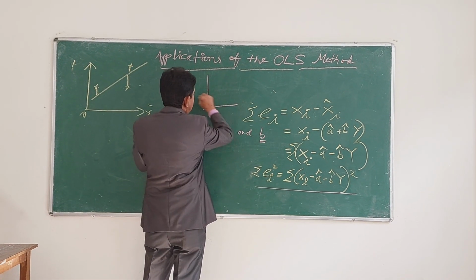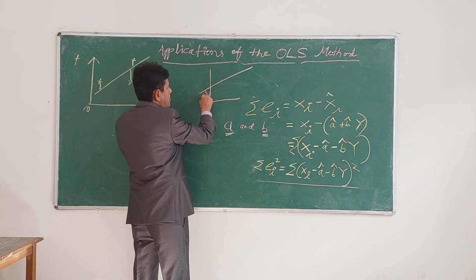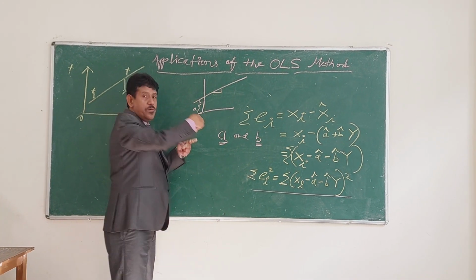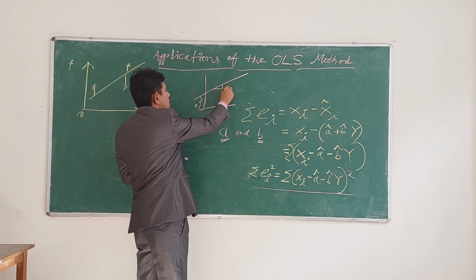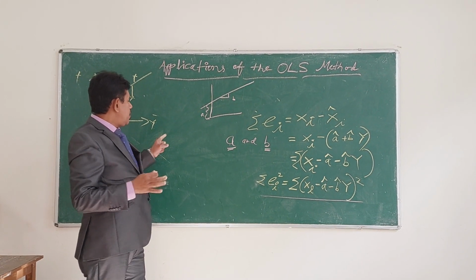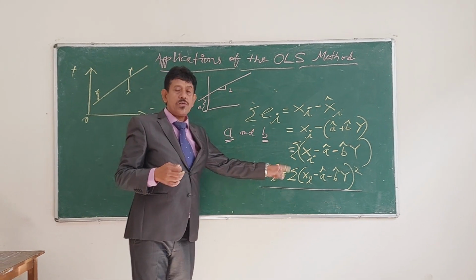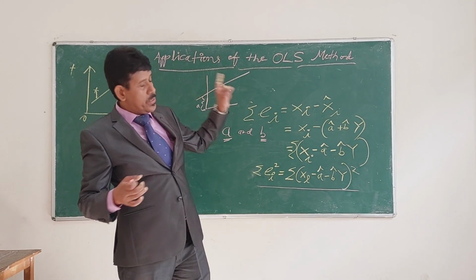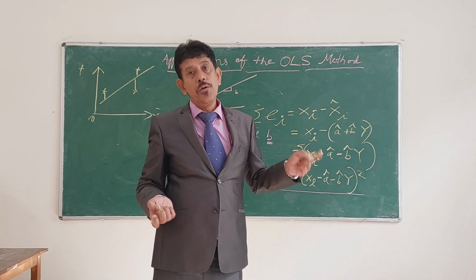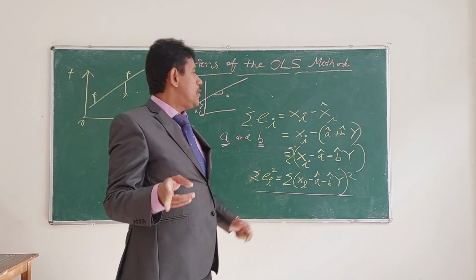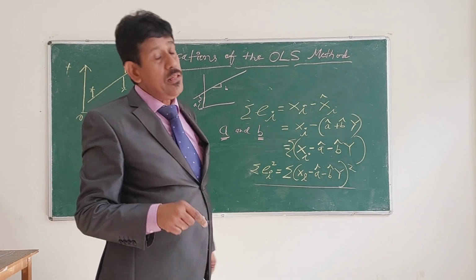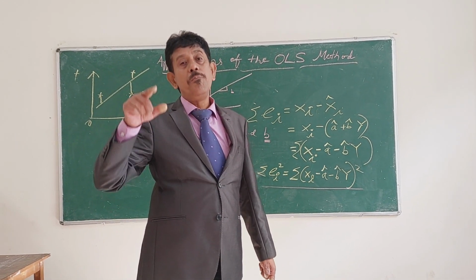So if this is the line, this is a, and the slope is b. So we have to minimize the sum of the squares of the deviations with respect to a cap and with respect to b cap. So here we shall apply the mathematical problem of minimization.